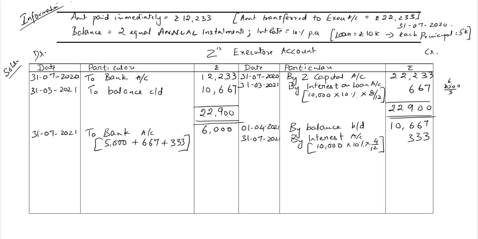The first installment is paid. Next, we'll close the year before payment of the second installment, 31st March 2022. By interest account. Now the amount outstanding is only rupees 5,000 at 10% for 8 months from 31st July 2021 to 31st March 2022. Comes up to 333 rupees.